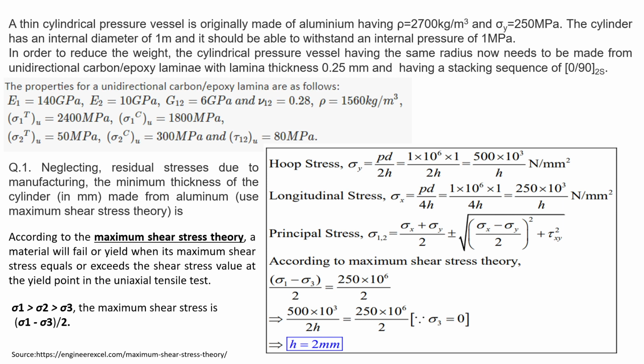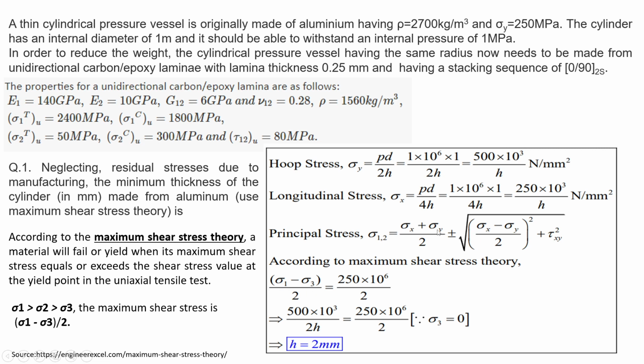According to the maximum shear stress theory we need sigma 1 and 3. So sigma 3 is equal to 0 and sigma 1 is equal to 250 into 10 to the power 6. Putting that in this equation, sigma 1 value is 500 into 10 to the power 3 by h.